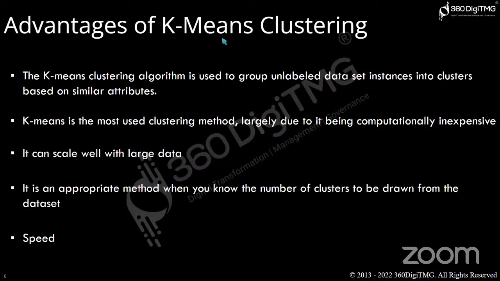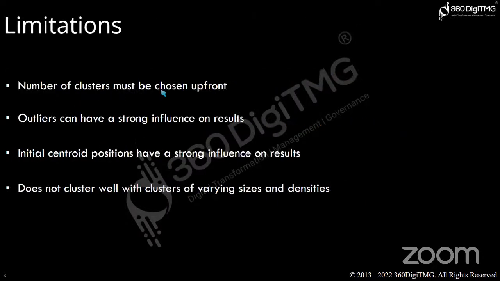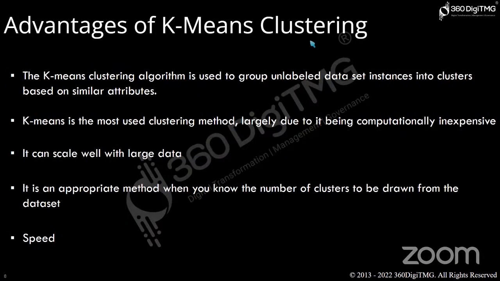Now, advantages of k-means clustering. What are the various advantages of k-means clustering? The k-means clustering algorithm is used to group unlabeled data sets into clusters based on similar attributes. The similar attributes we calculate using the distance formula.